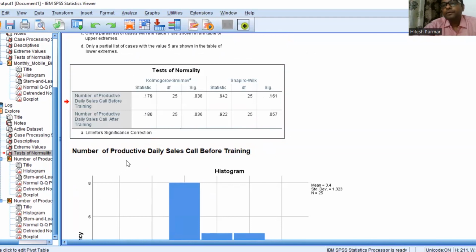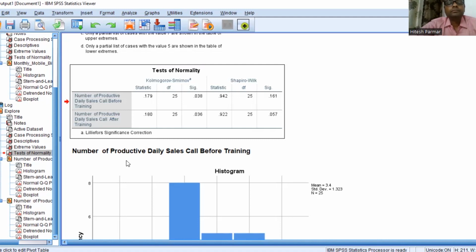What was our null hypothesis? If you do remember, for the test of normality, the hypothesis is that the variable is normally distributed. So we can see the p-values for both tests: 0.038 and 0.036.